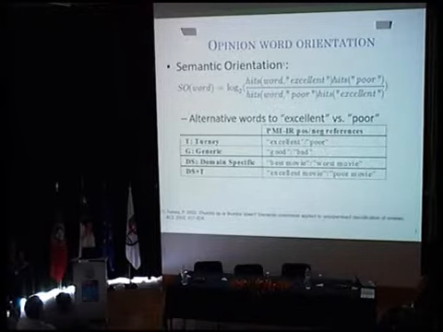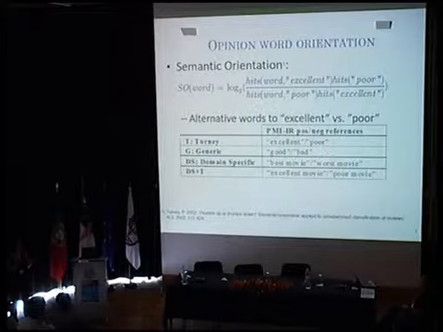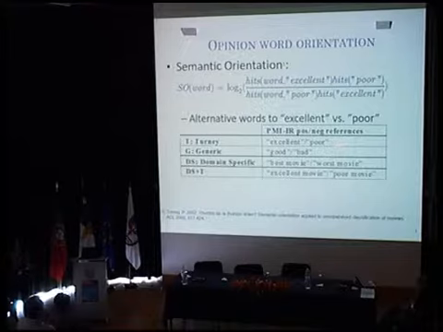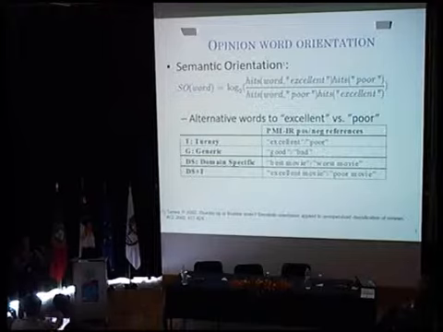Then we used several data sets, and some of them are from the movie domain. So with these two reference words, best movie and worst movie, what we wanted to see is if we could actually capture the orientation of a word which shifts with different contexts.